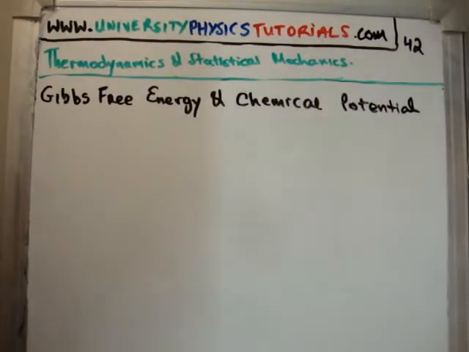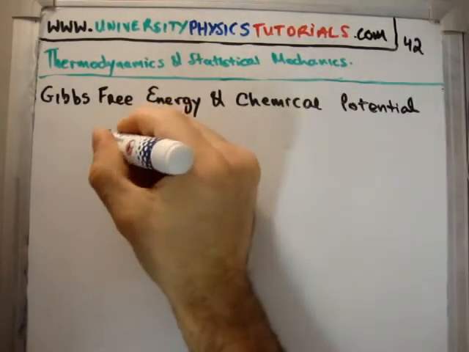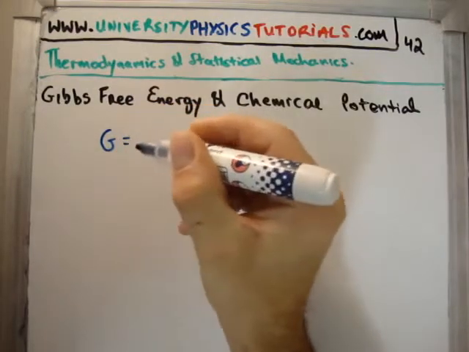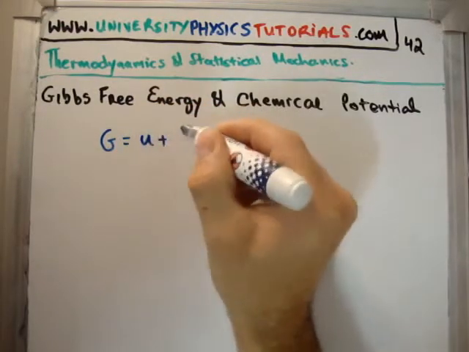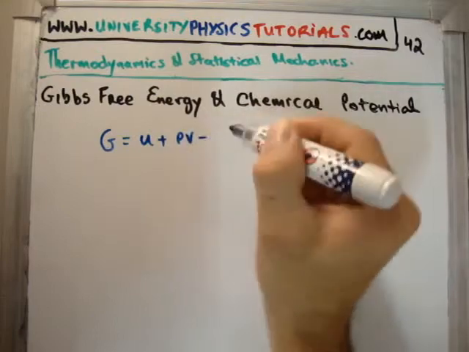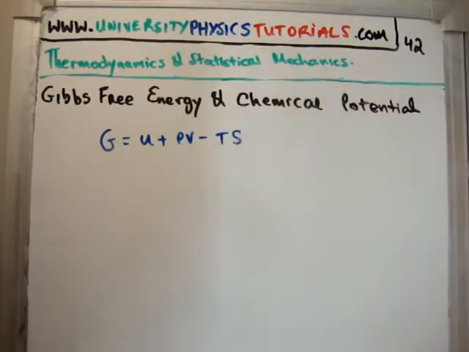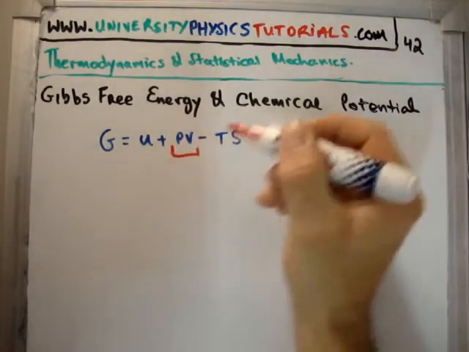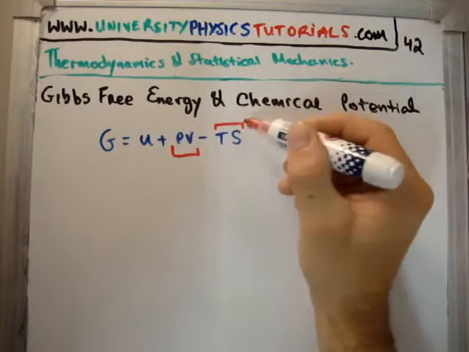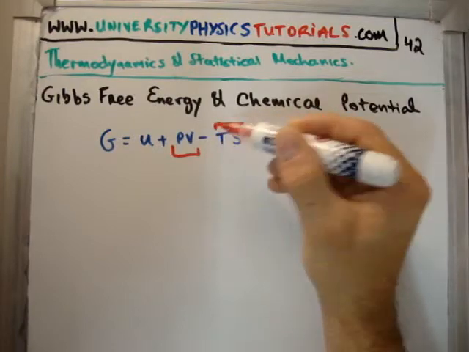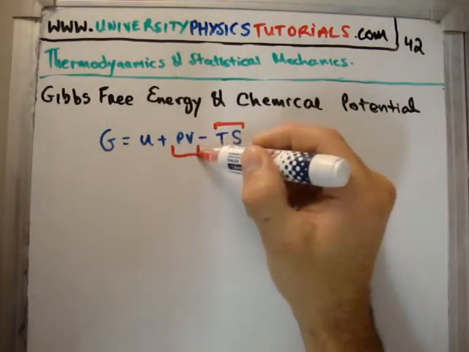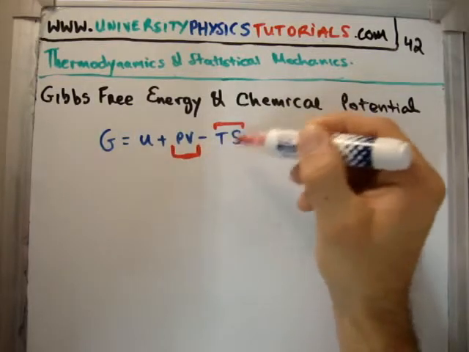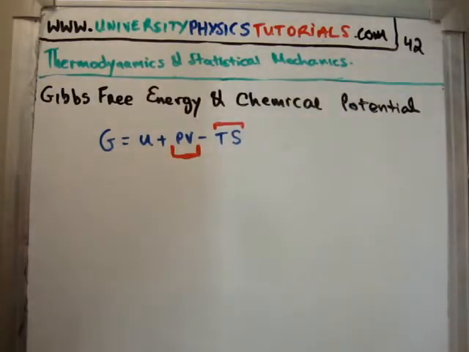So to do a small bit of revision, we saw in a previous video that the Gibbs free energy, capital G, is given by U plus PV minus TS. Okay? So basically we had mechanical work being done against the surroundings, and because our environment was at constant temperature, we could also avail of free heat to the value of TS.